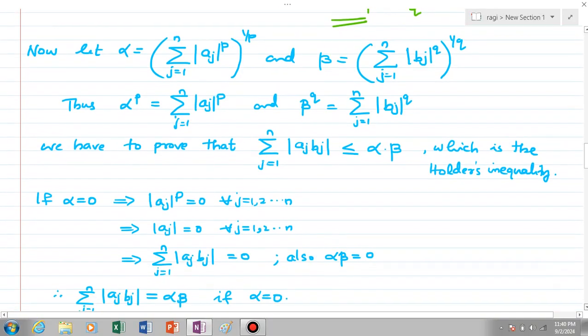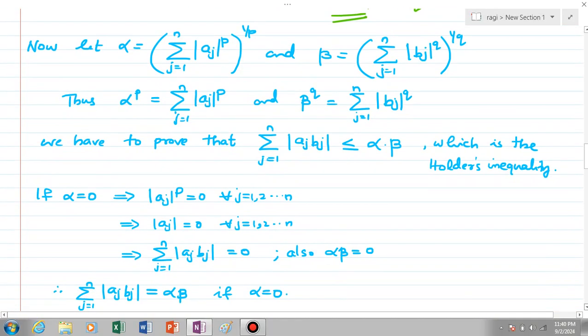First consider the case alpha equal to 0. That means summation j 1 to n mod aj raised to p whole raised to 1 by p is equal to 0. This means that the terms mod aj raised to p are equal to 0 for every j running from 1 to n. That means mod aj equal to 0 for every j, and so the summation 1 to n mod aj bj is equal to 0.